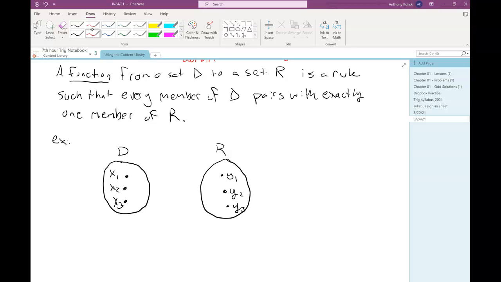But in practice, this would be like one number paired with another number. And then what we do is we draw some arrows to show how the members of the set D are paired with the members of the set R. So again, there's no reasoning as to why I've drawn the arrows in this way, just an example, so I've drawn them arbitrarily.